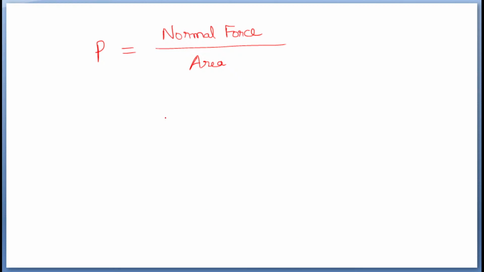If this is my cylinder, so this is the area. But what is the force? If you tell me the value of force, then I will put it here.